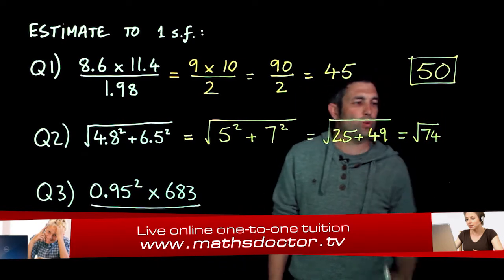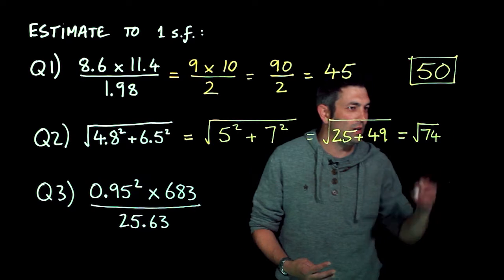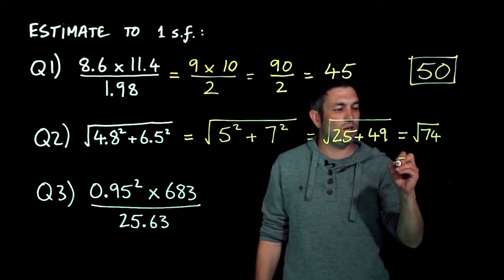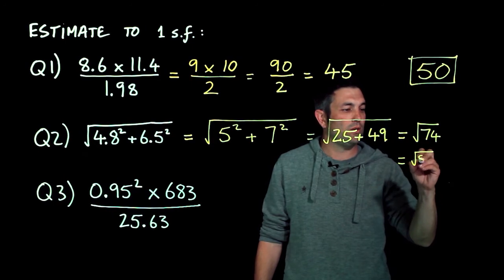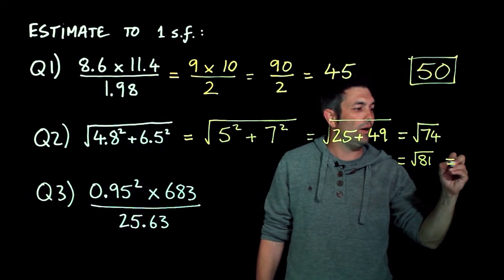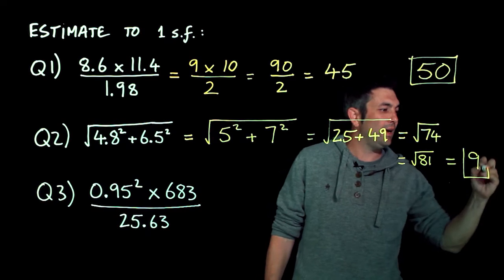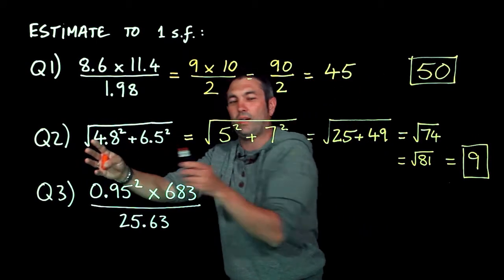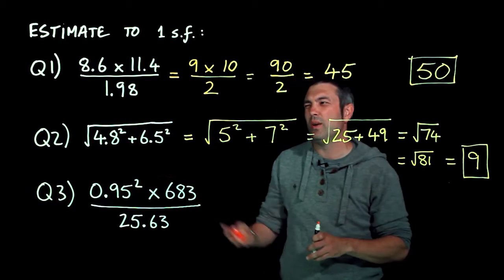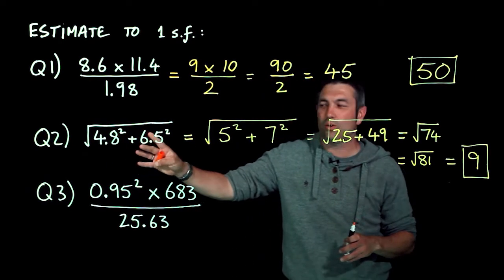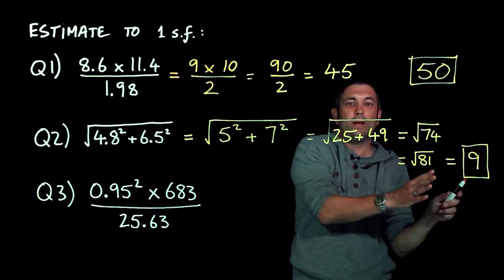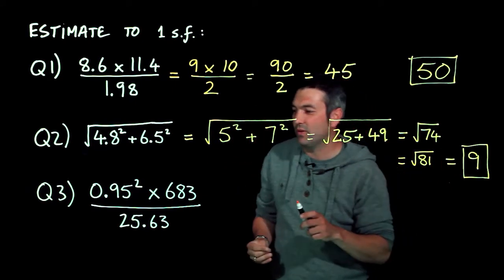Now, square root of 74 isn't very nice, so I'm going to round that to a number that works nicely, and I know 81 is the closest square number to that, and so the estimate I'm going to give for that is 9. Again, you could say that that's 4 and that's 6 if you really want. They're not particularly good on those, but as long as you're showing what you're doing each time, that's where you pick up the marks for these in exams.